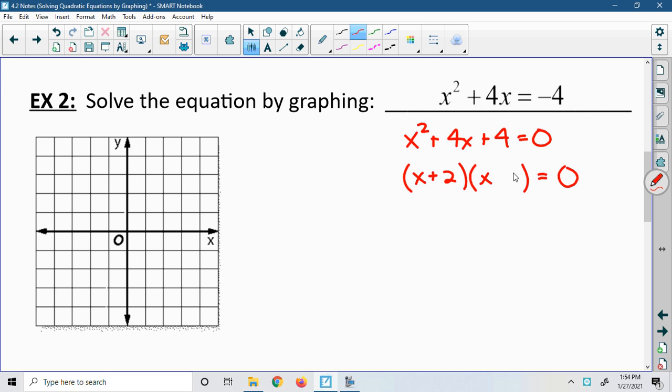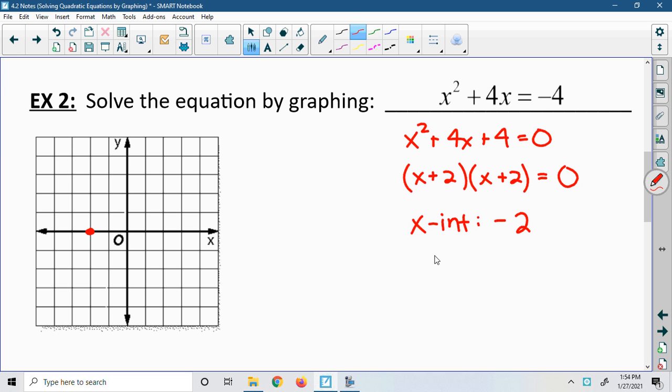Plus 2, plus 2. So x plus 2, or whoops. So my x-intercept, that's what I meant to write, they're both going to do the same thing. They're both going to be negative 2 here.